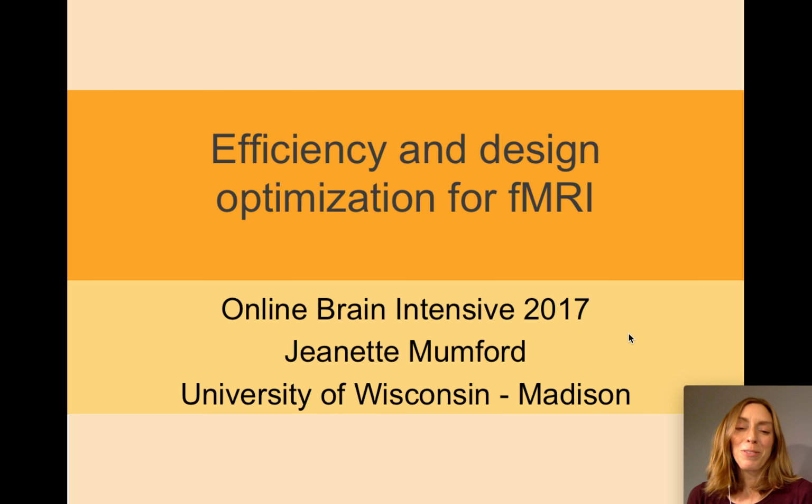But today, what I'm going to focus on is efficiency and design optimization for fMRI. And we'll see here that this idea is how to get the most bang for our buck. So what do you do if your sample size can't change? And a lot of the other tools that you're learning during this course will help with that.